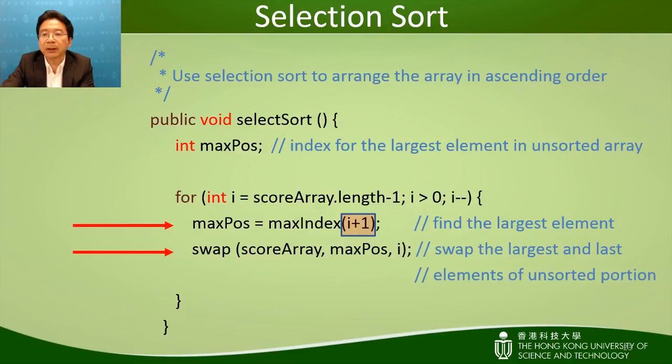And for the swap method, we are passing the address of the array to the method, and the second and the third parameters are the indexes of the array elements for the swapping to take place. You may want to trace through the selection sort method to make sure that you understand how it works. This example would hopefully help you to see the beauty of using modular design and procedural abstraction, which allow a complicated process to be implemented in just 3 statements.